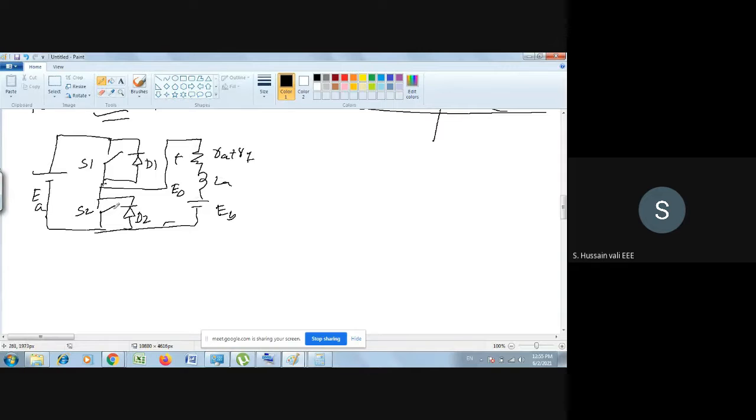Now when you close the switch S2, the current will circulate through S2. When you open it, it will go through D1 and D2. So both regenerating and motoring conditions are there here also. Everything is the same; there is no change here.